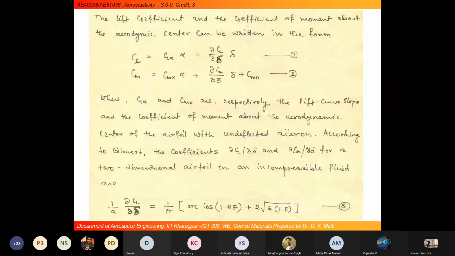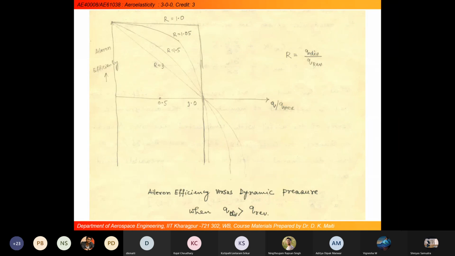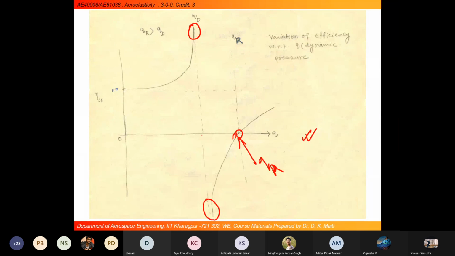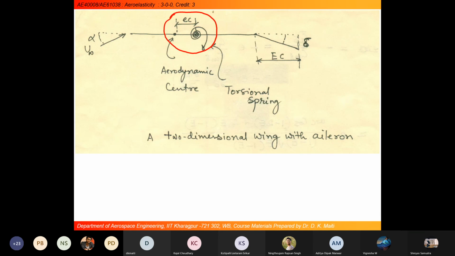Under this condition we have considered an ideal actuator, and the stiffness of the control surface is infinitely high.